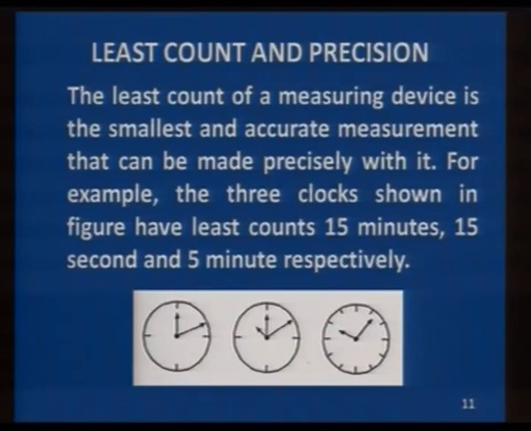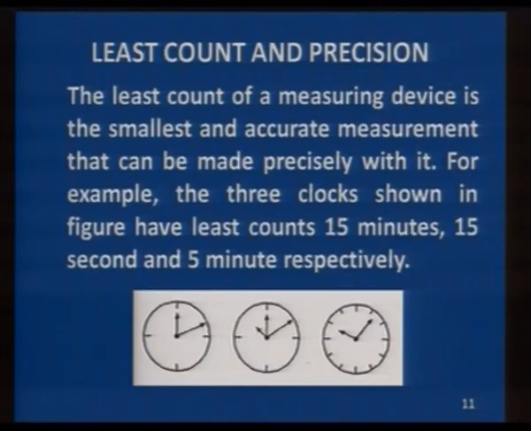Now, you can see in the first clock the divisions are 15 minutes apart, and it has only the minute hand which can measure the smallest time. So, the smallest time which can be measured accurately by this clock is 15 minutes.